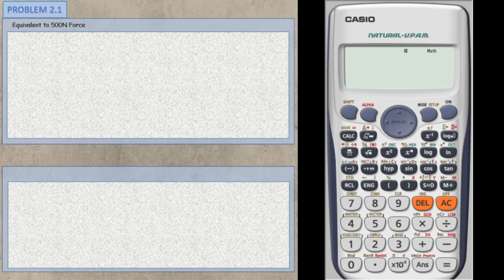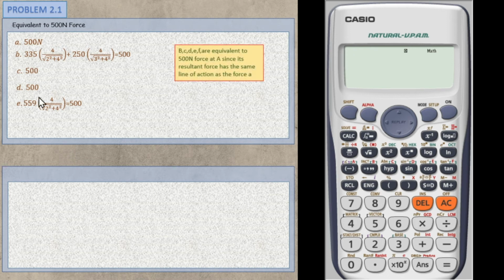You will notice that for A, it has a 500 Newton vertical force that lies on point A. Looking at the figure, B, C, D, and E have the same force equivalent to the 500 force at A since the resultant force has the same line of action as the force at A. So I will not elaborate on it more.